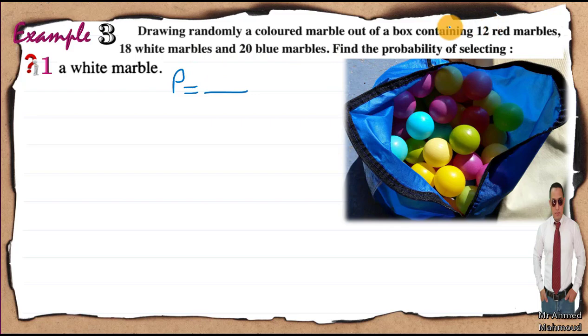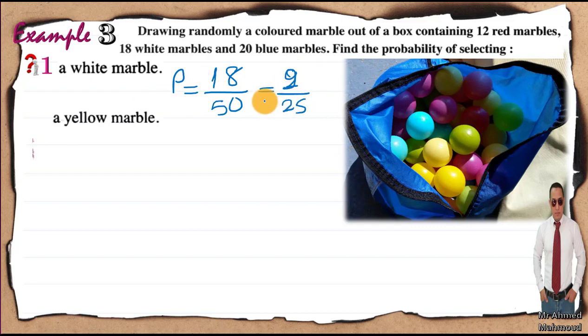I have 18 white. 18 out of the total 12 plus 18 plus 20 equals 50. So it is 18 over 50, which is 9 over 25.